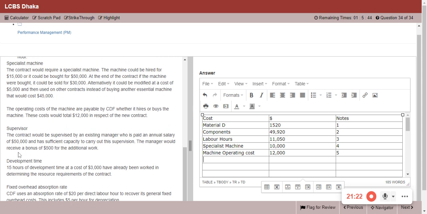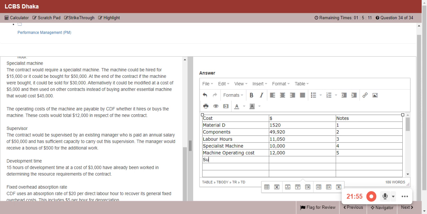Next cost is the supervisor. The contract would be supervised by an existing manager who is paid an annual salary of 50,000. So he has an annual salary of 50,000 already, and we pay him already, and he has sufficient capacity to carry out this supervision. So basically, this 50,000 we are going to pay him whether he does this work or not. So his annual salary is not a relevant cost. However, he would receive a bonus of $500 for the additional work.